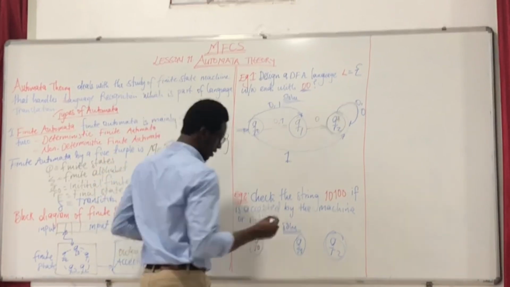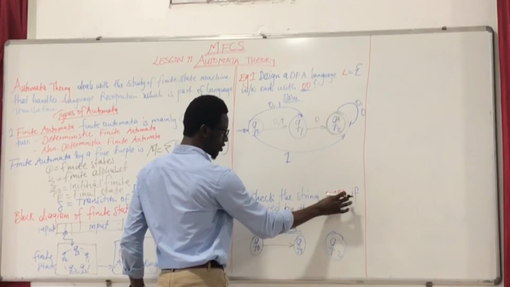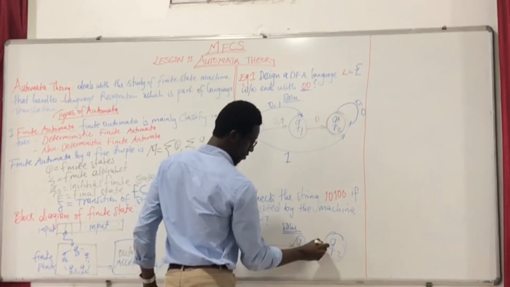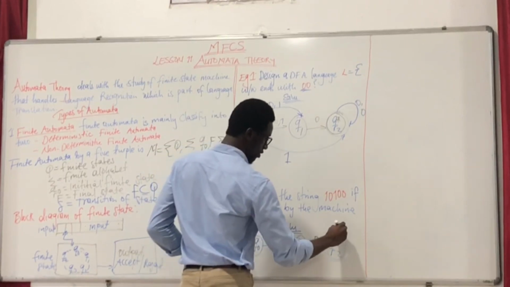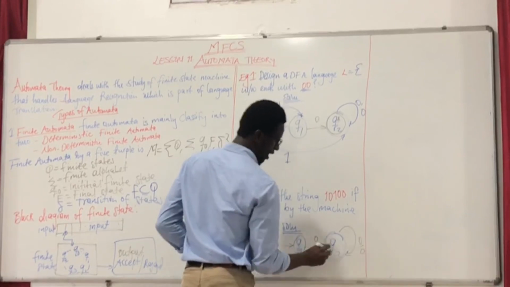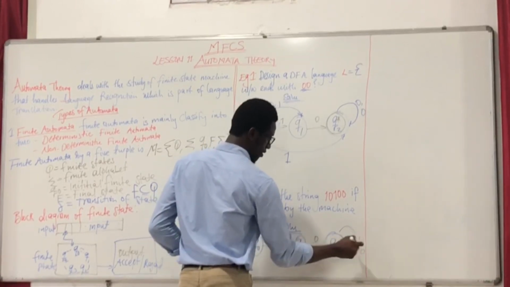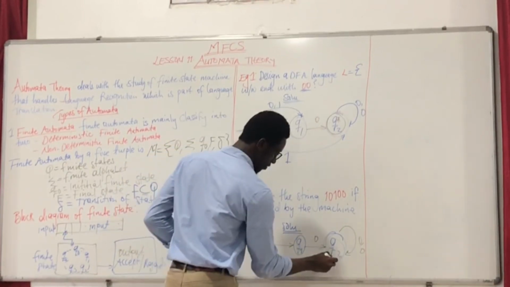So now let's see. The condition here again is that this one ends with 0, 0. So here we can say 1, we say 0, this one comes again 0. We can use here 0 and another 0. Then we can start from here.